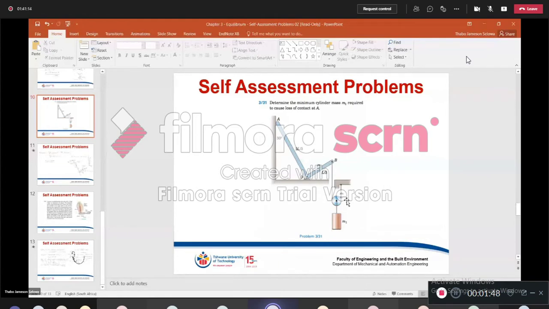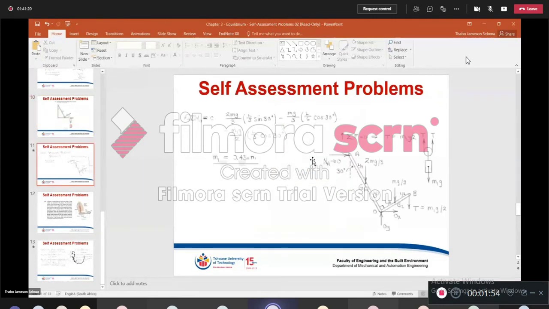Okay? So by looking at this, from the free body diagram, this is how it's been drawn. I'll start at A. Because this was resting on the wall, this is the reaction.